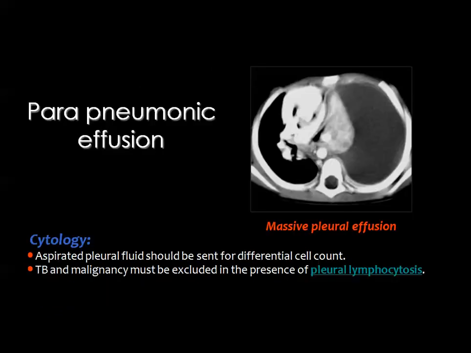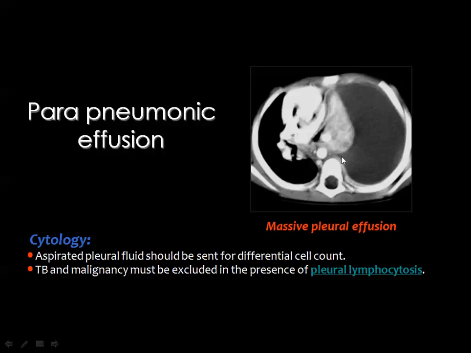Then the aspirate of the pleural fluid may contain lymphocytes, and in this situation you may think of the presence of TB, and you should also exclude the possibility of an underlying malignancy.